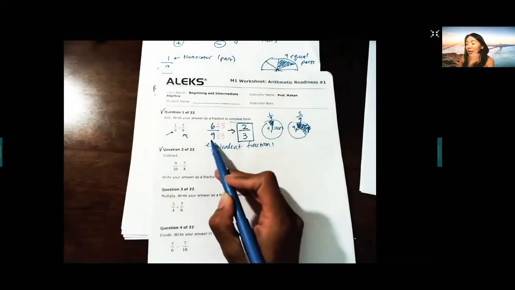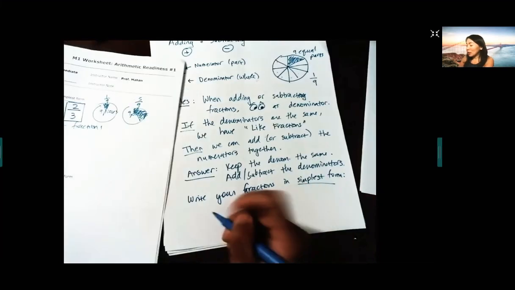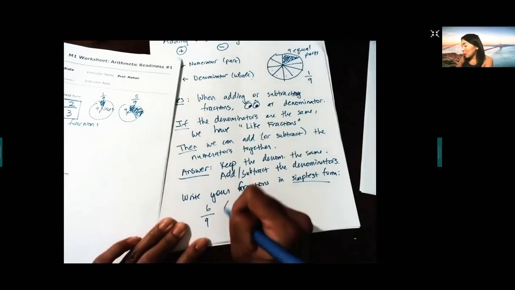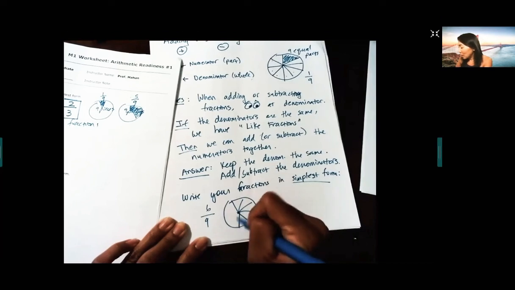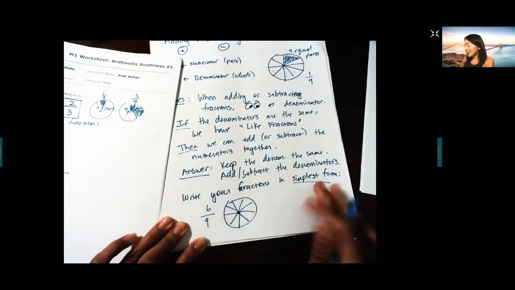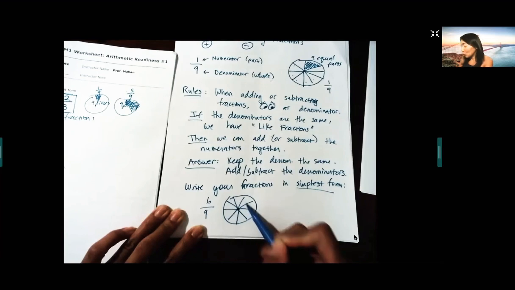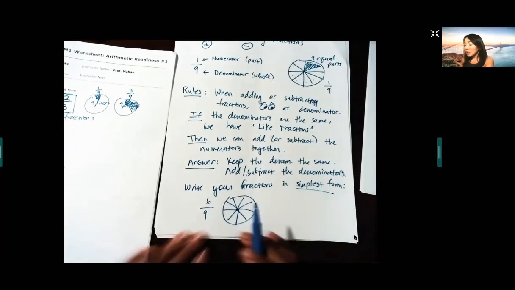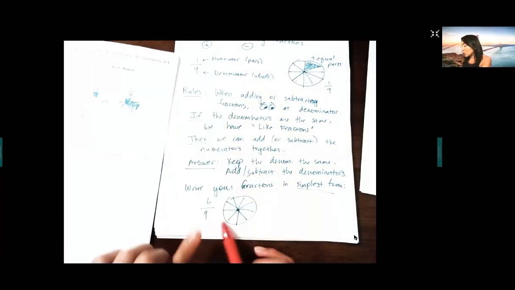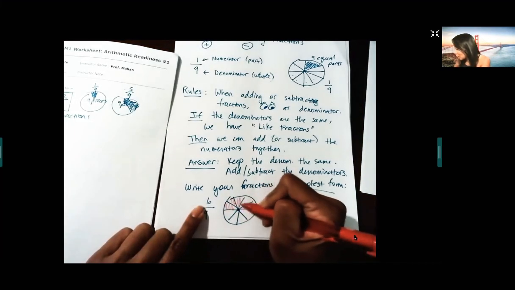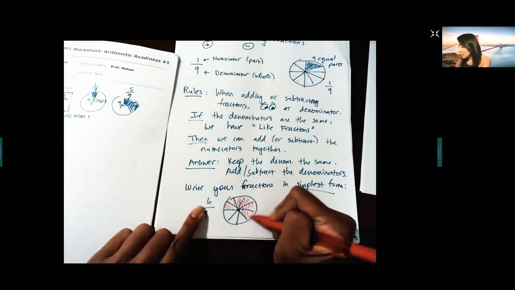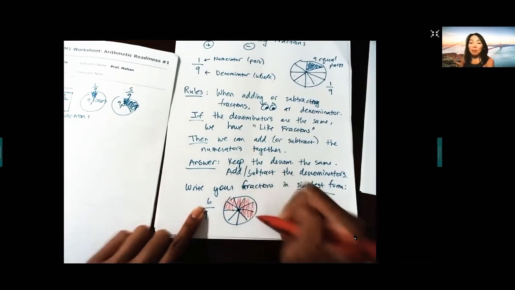Let me just show you here. So 6/9, and again, my pizza drawing is terrible. 1, 2, 3, 4, 5, 6, 7, 8, 9. Pretend that is drawn equally. 6/9, if I shade 6 pieces, 1, 2, 3, 4, 5, 6, it would represent this part of the pizza.